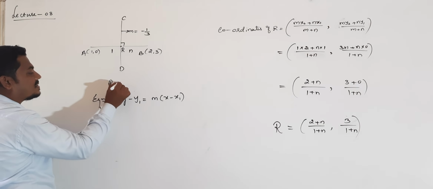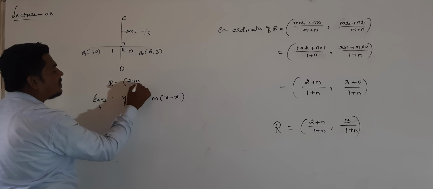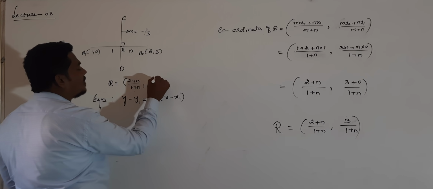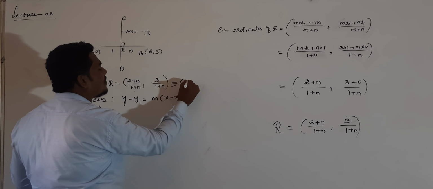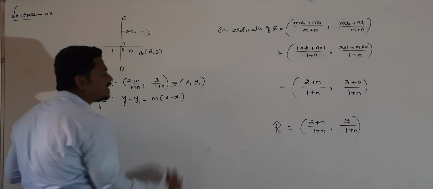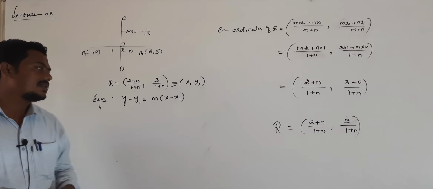R coordinates are taken as ((2 plus n) divided by (1 plus n), 3 divided by (1 plus n)). This point is (x1, y1) and m is already known, that is minus 1 by 3.